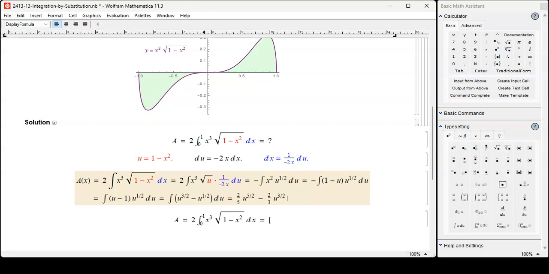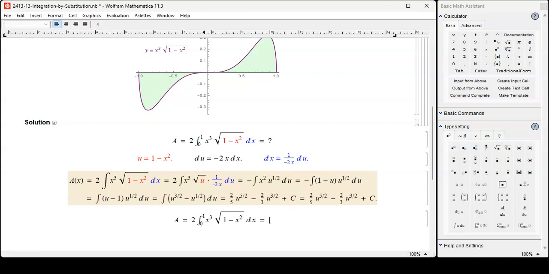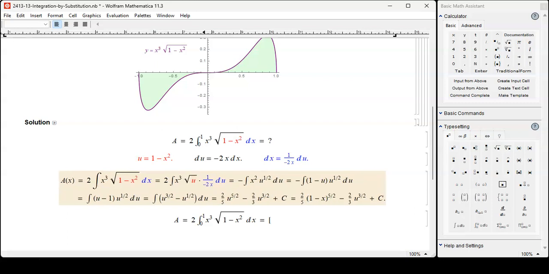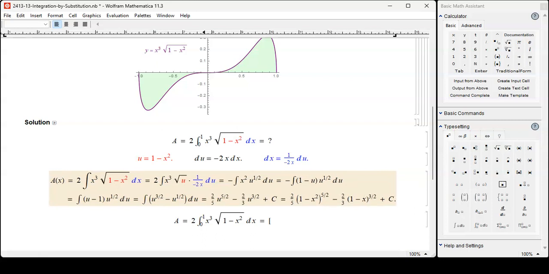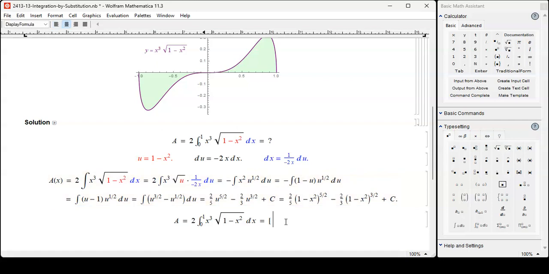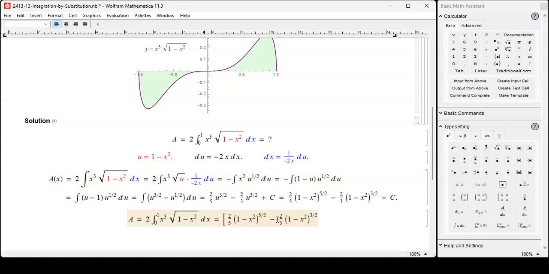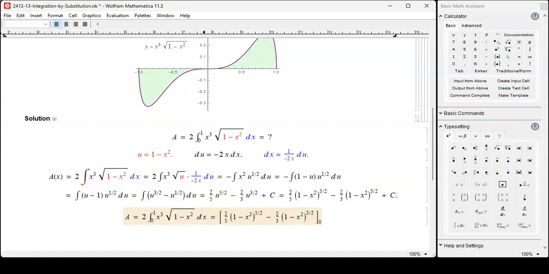Sorry about that. Copy and paste this thing. And then what is u? It's 1 minus x squared. Okay, that looks good. Copy and pasting this one here, 0 to 1.